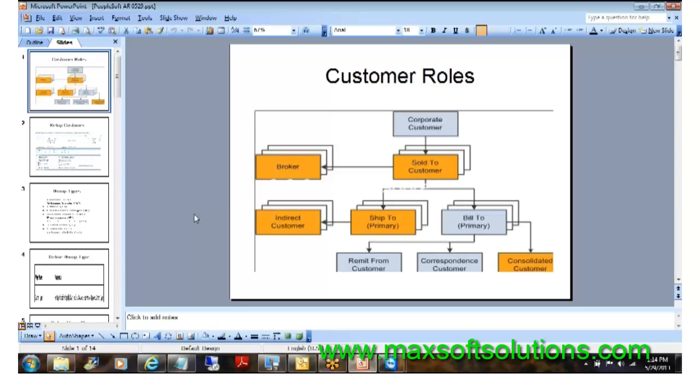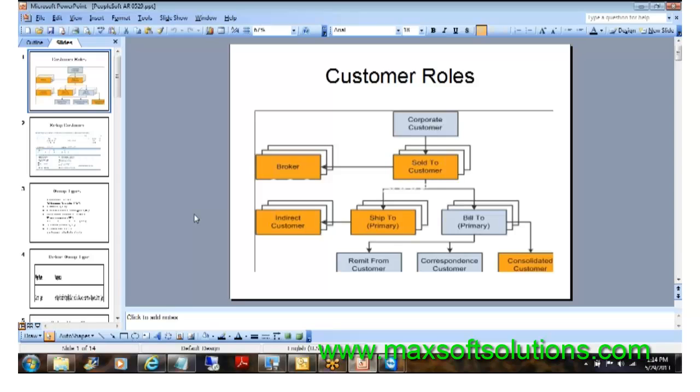Indirect customer is the customer that receives the goods irrespective of who ordered it. And then bill to customer is the customer that actually receives the invoice, even though sometimes they will not be receiving the goods. And the remit from customer is the one who actually pays the bill amount to the company.